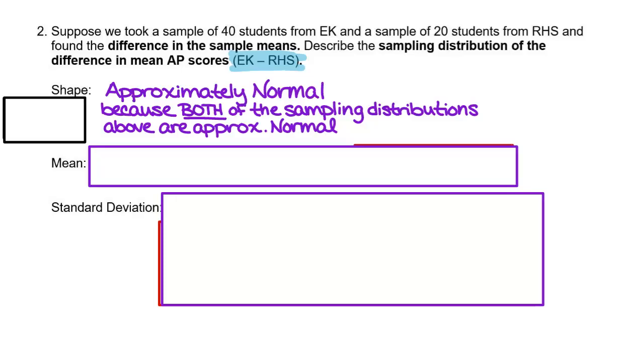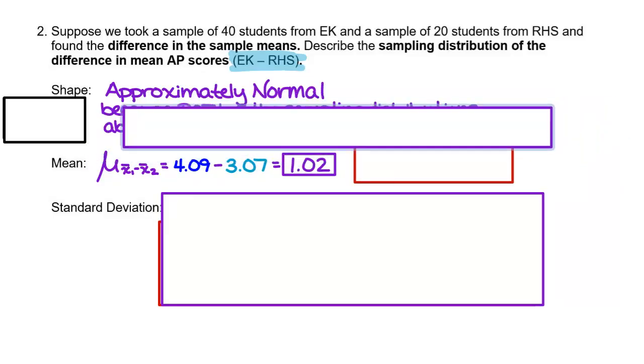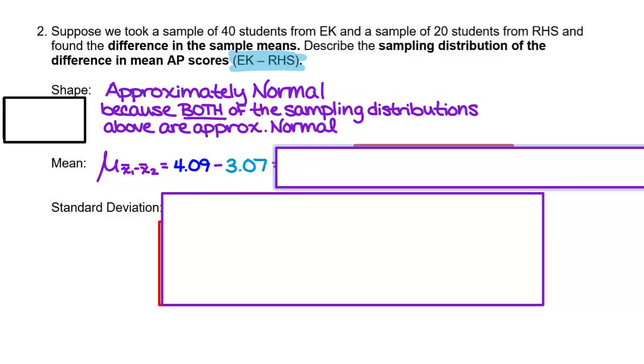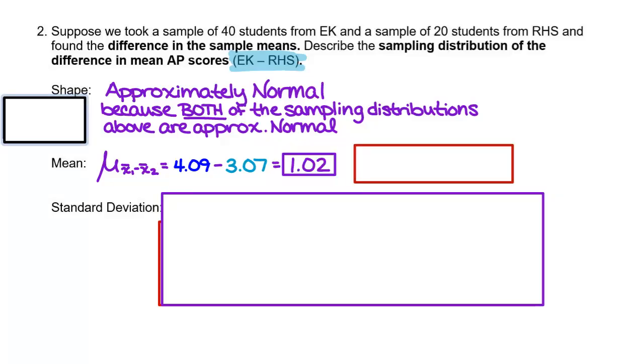How would we find the mean for the difference in scores? Subtract, absolutely. What are we going to be subtracting? 4.09 minus 3.07. What do you get when you do that subtraction? 1.02, yes.